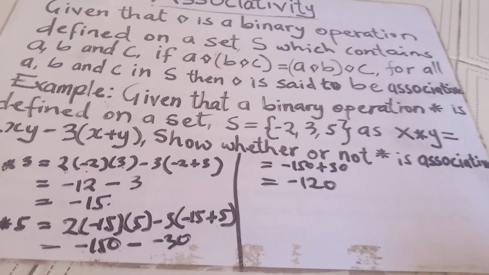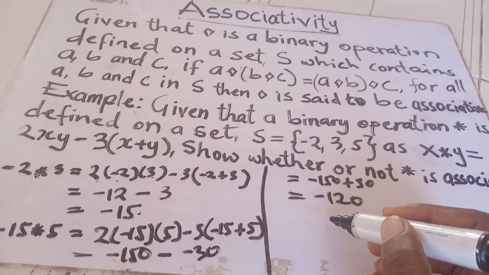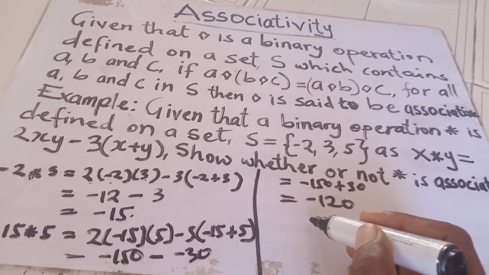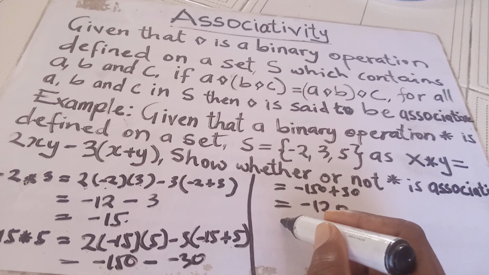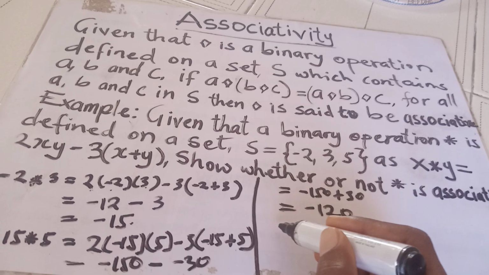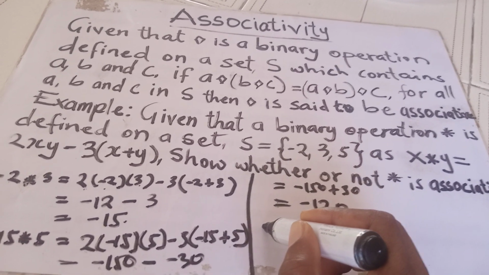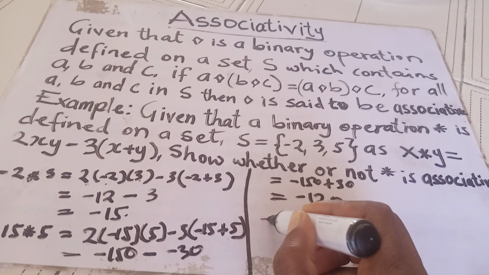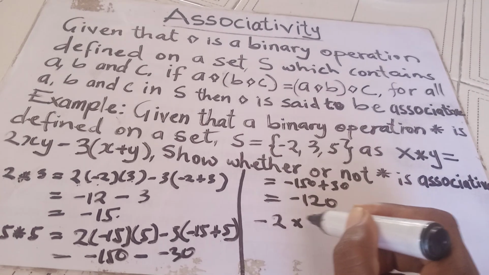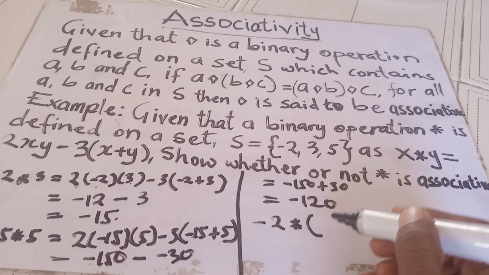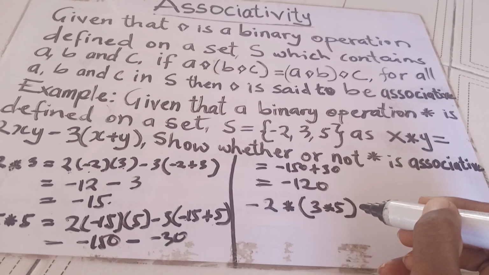We have to do it for the other grouping as well. In this case, we use 3 and 5, and put -2 outside the bracket, with 3 and 5 inside the bracket.